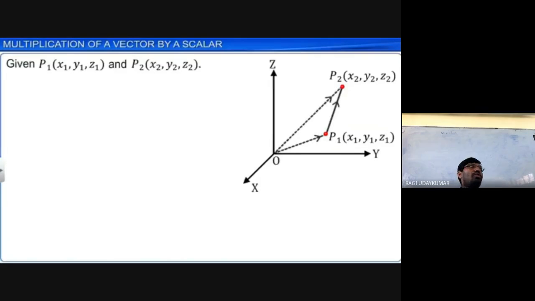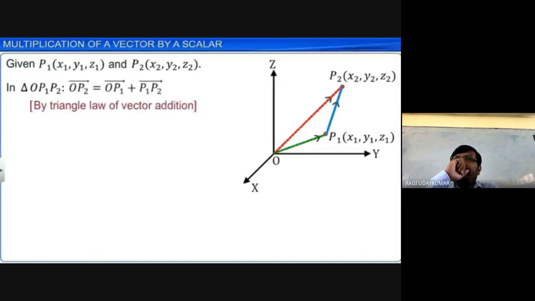So in this triangle, using the triangular law, OP2 is equal to O to P1 plus P1 to P2. So P1P2 is equal to OP2 minus OP1.